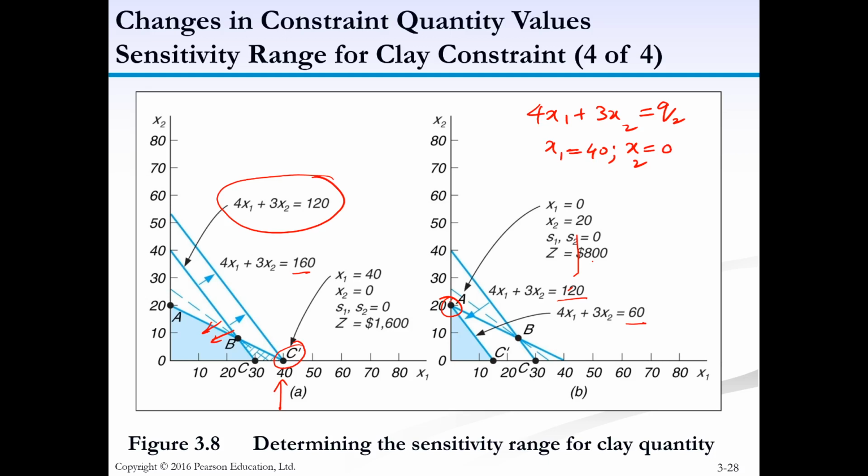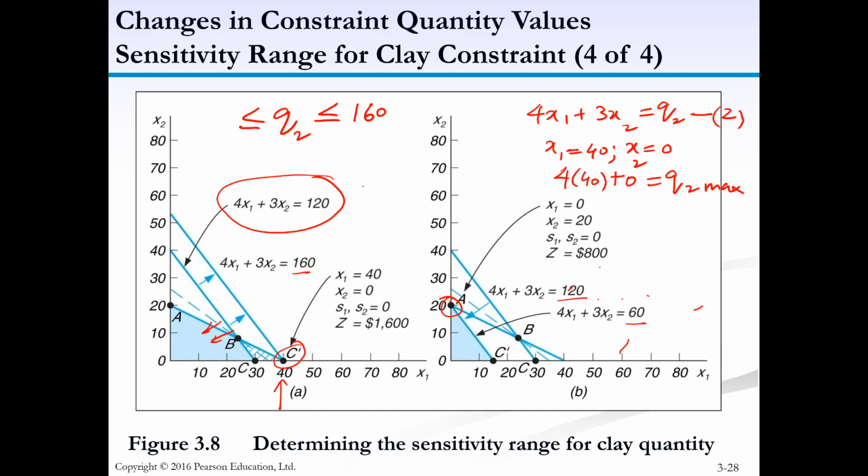If we put this value in the equation, let's call this equation 2, then what we get is 4 multiplied by 40 is 160 plus 0 plus 0 is equal to Q2, which is Q2 maximum. So Q2 upper range becomes 160.